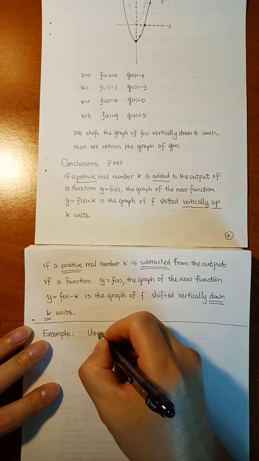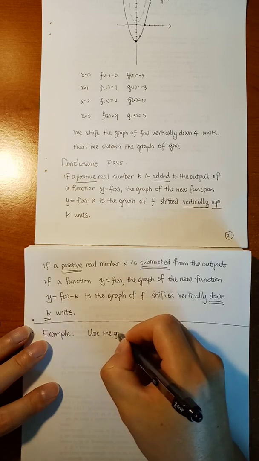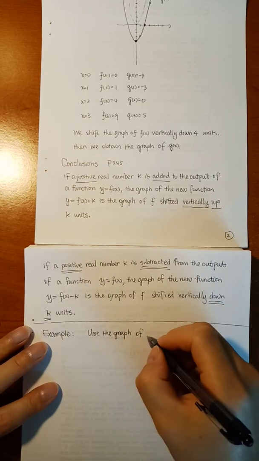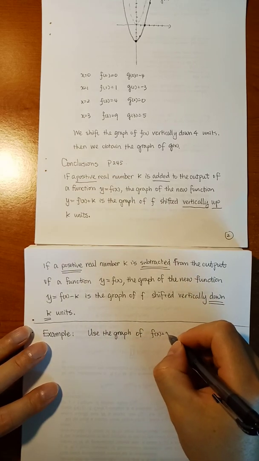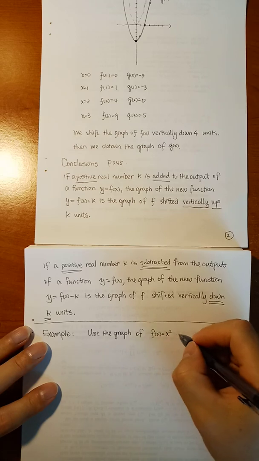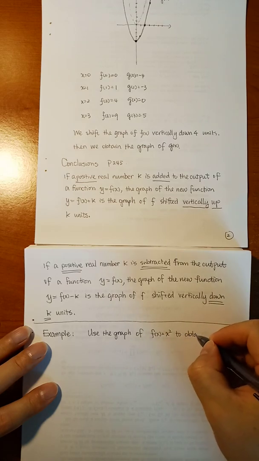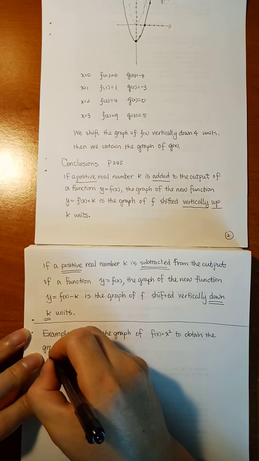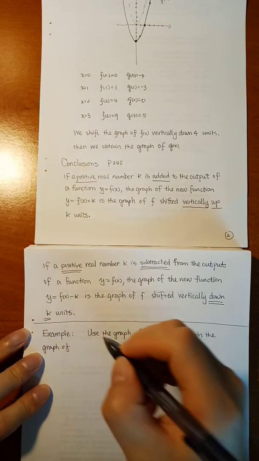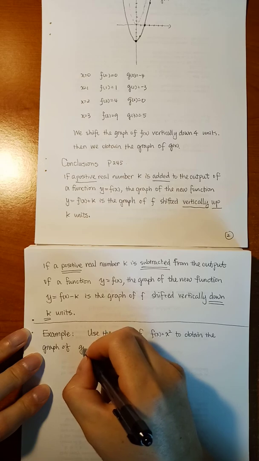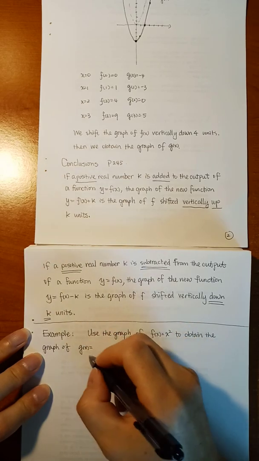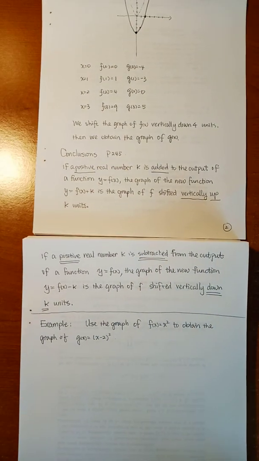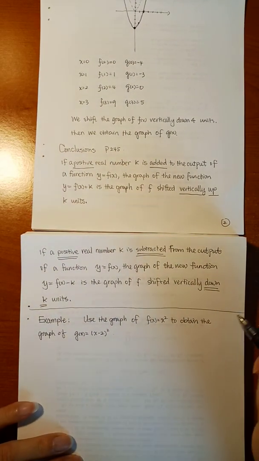Use the graph of f(x) equal x squared to obtain the graph of g(x) equal to (x minus 2) squared.